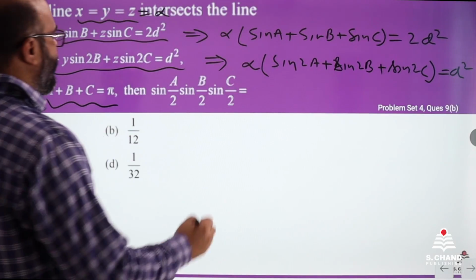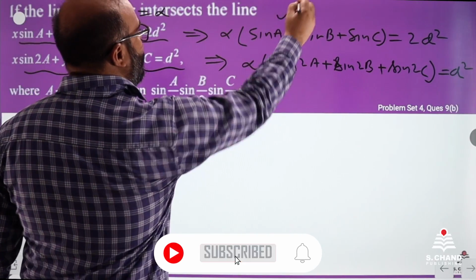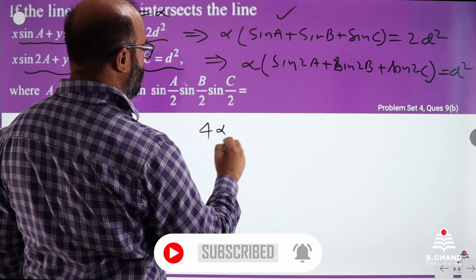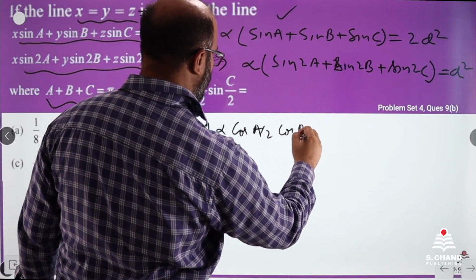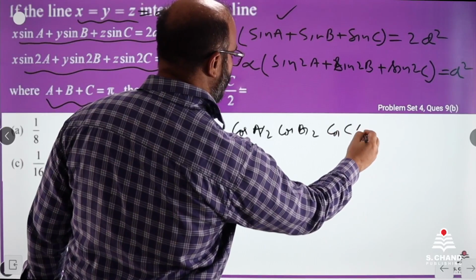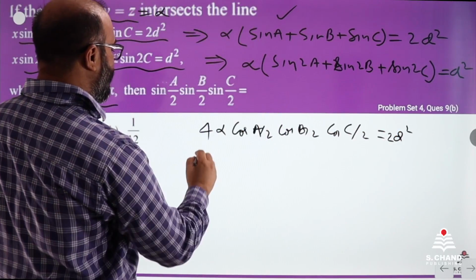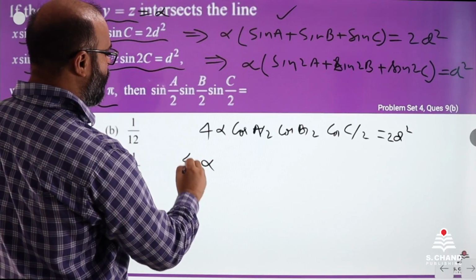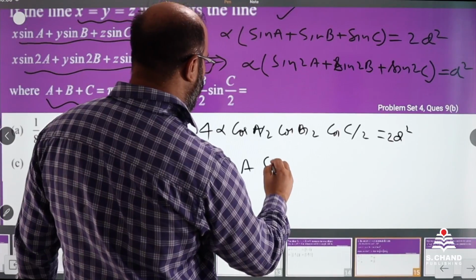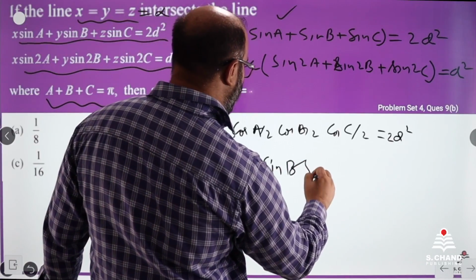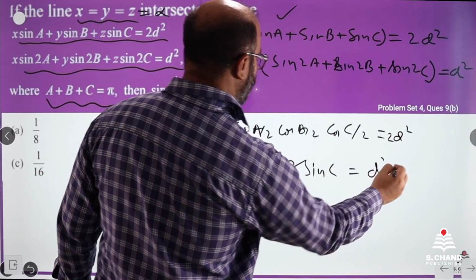Now we know that if A plus B plus C equal to pi, from trigonometry we can write alpha into 4 cos A by 2 cos B by 2 cos C by 2 equal to 2b square, and here we can write from trigonometry 4 sin A sin B sin C is equal to b square.